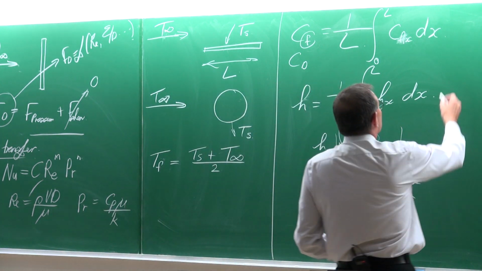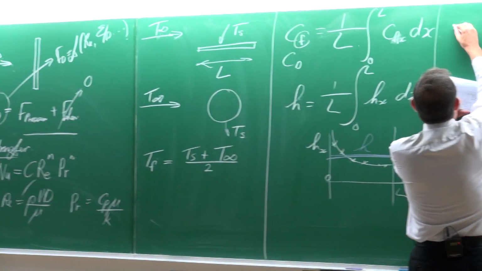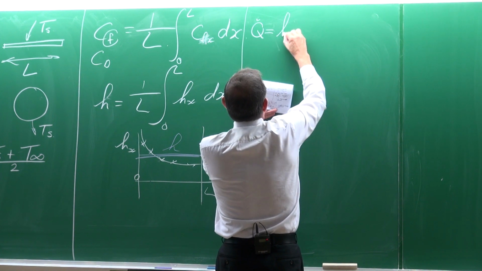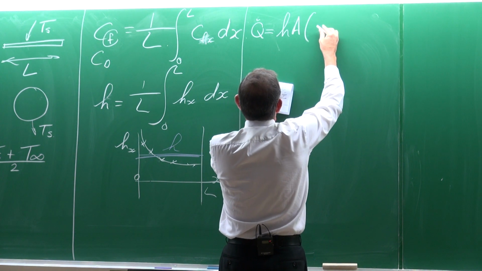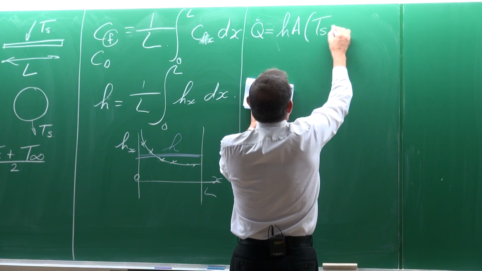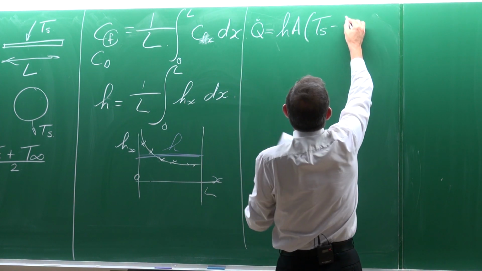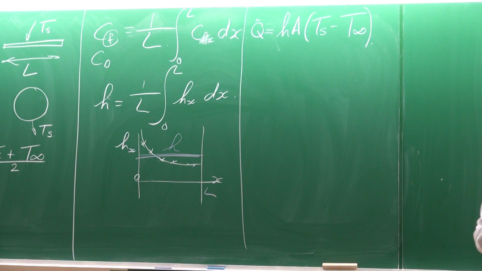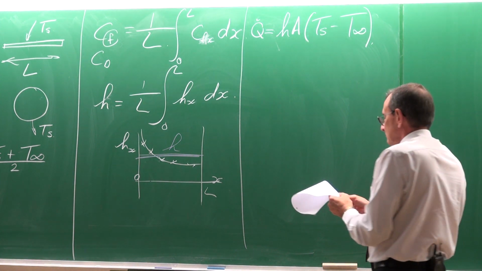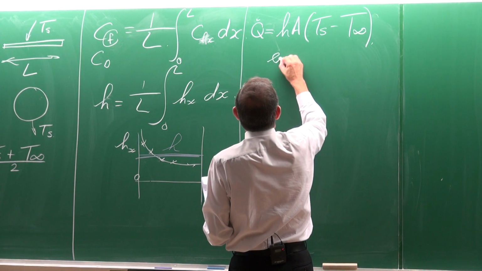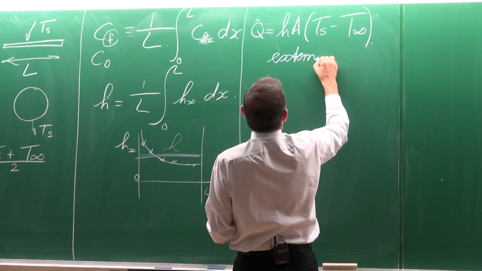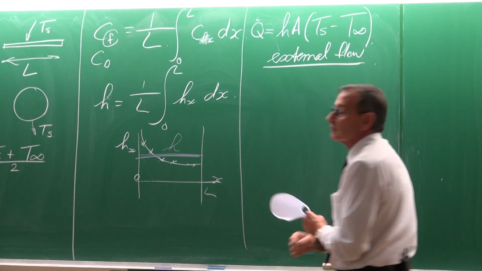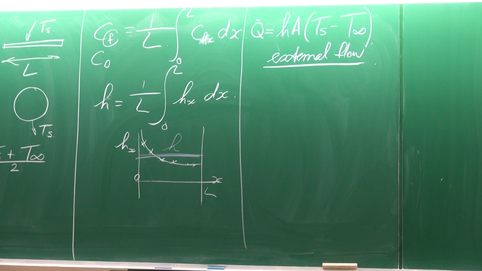And then we can write that the heat transfer rate is equal to the heat transfer coefficient multiplied by the surface area multiplied by the temperature of the surface minus the free stream temperature. And this would then be the heat transfer rate for external flow. For external flow.